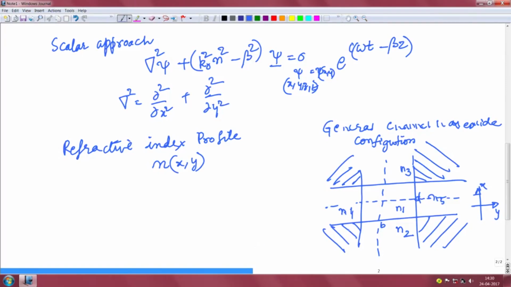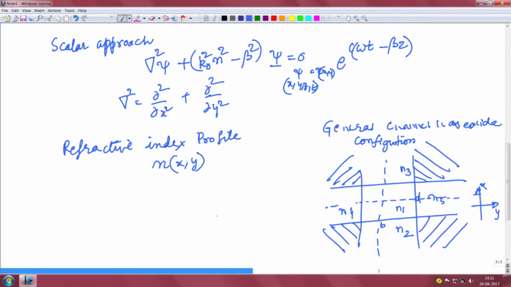So, in each of the regions, by considering the field to be a product of fields varying in the x direction and fields varying in the y direction, we can express the mode fields in each of the regions separately and then use the boundary conditions to find the expressions relating the mode fields, the propagation constant and so on.